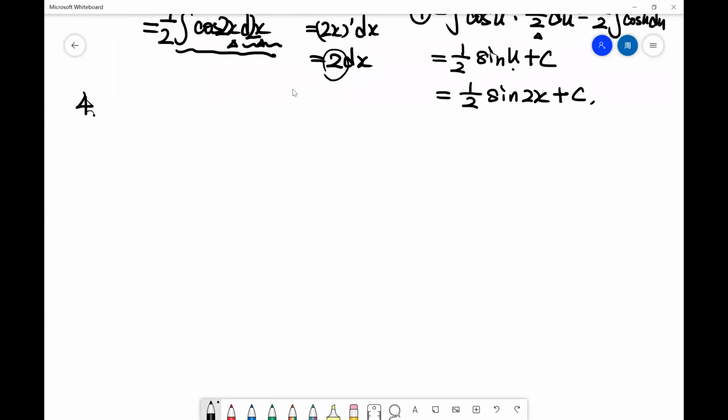The fourth one, that is sine x power 3 dx. So here, we should first rewrite the integrand sine x power 3, and we separate it into two parts.